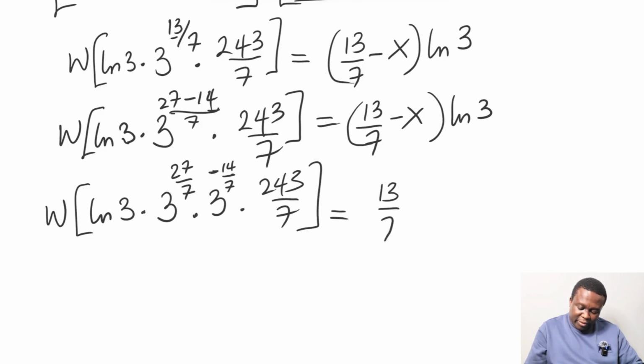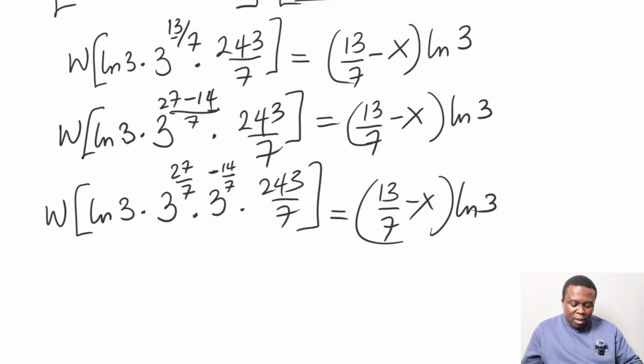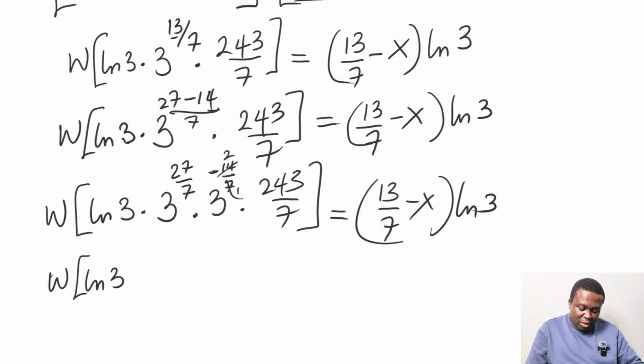And we have that ln of 3. So for 3 raised to the power minus 14 over 7, something can cancel out there. So 7 here is 1, 7 and 14 is 2. So we have ln 3, 3 raised to the power 27 over 7.